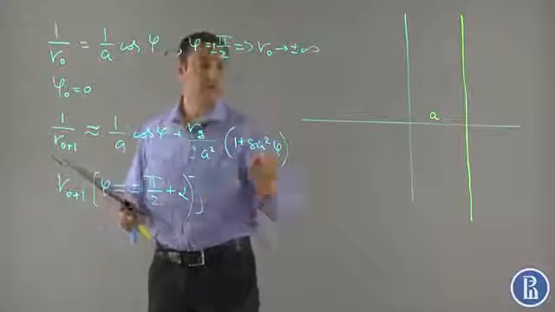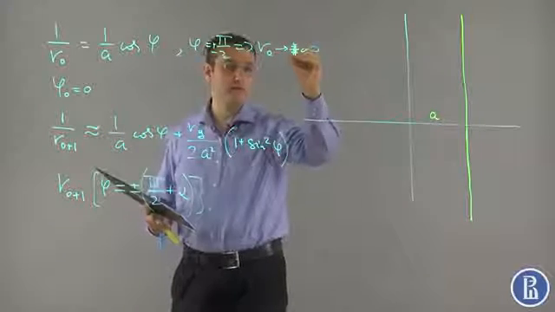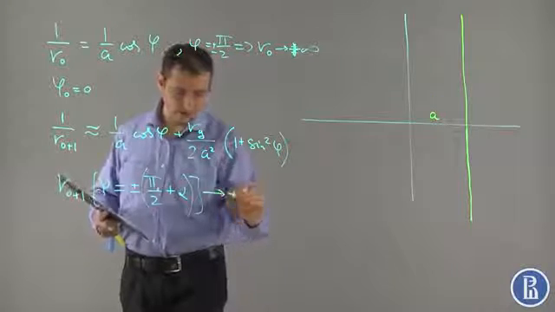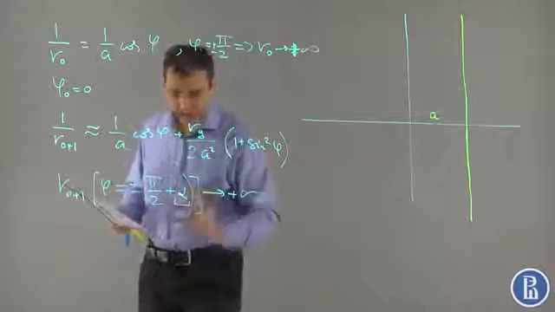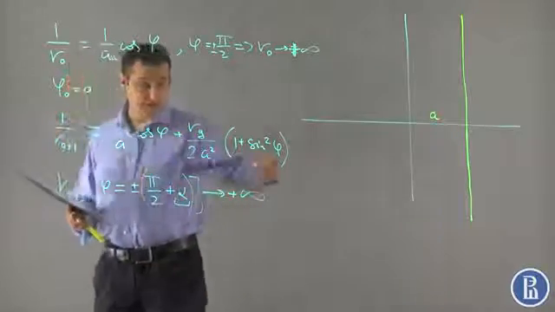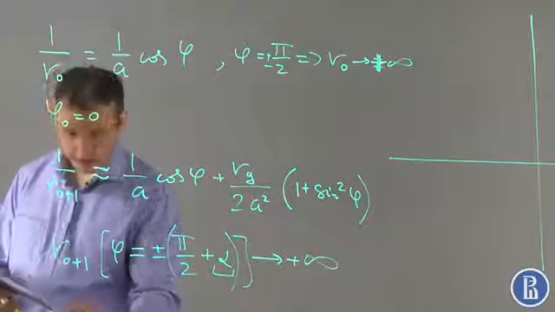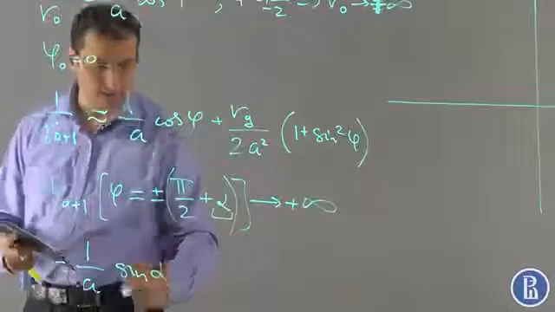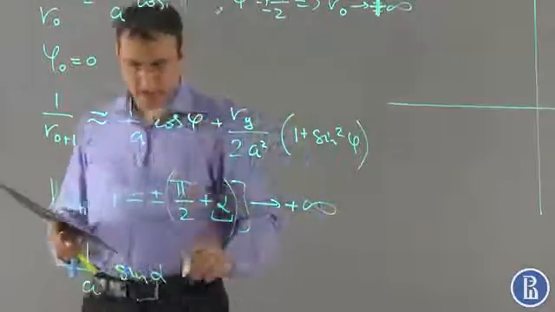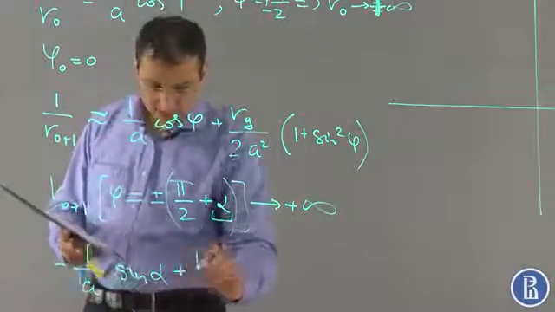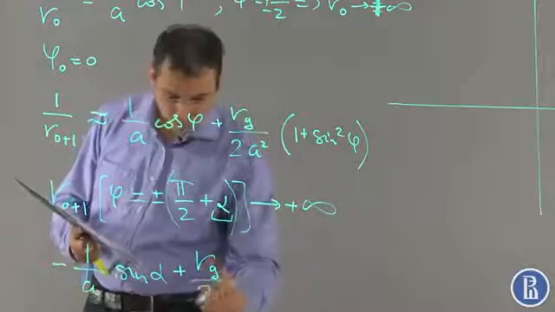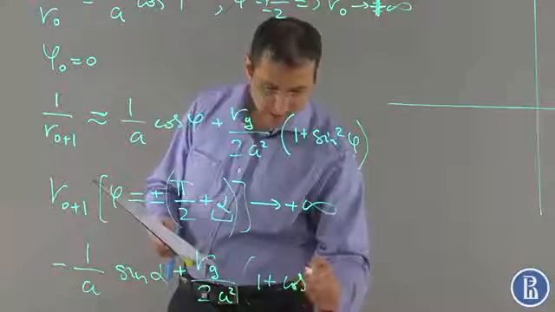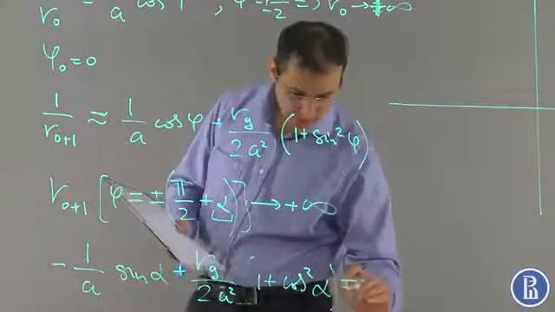So r0 becomes infinitely large, going to plus infinity, where this small angle alpha solves the following equation: minus 1 over a sine of alpha, plus Rg over 2a squared times 1 plus cosine squared of alpha, equals 0.